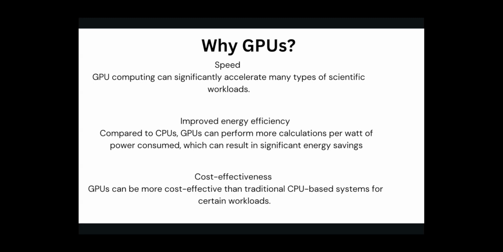The other thing is cost effectiveness. A GPU could be more cost effective than a traditional CPU-based system for certain types of workload. Again, we need to understand our workload, and if we understand that this is something a GPU can handle well, then it is cost effective as well.